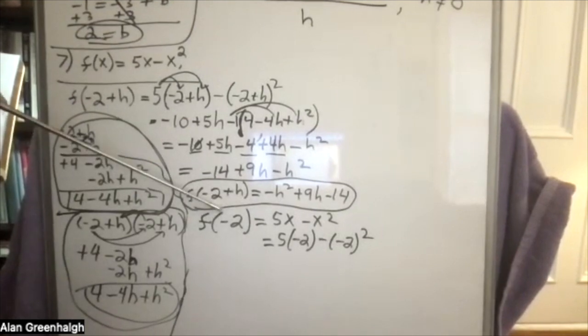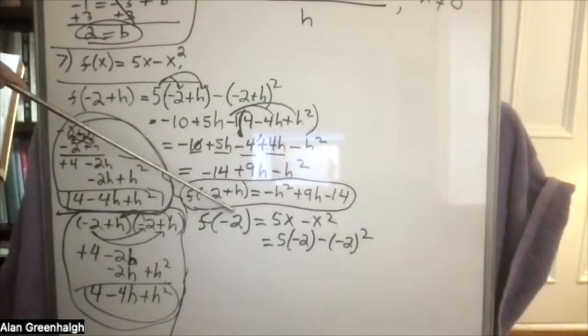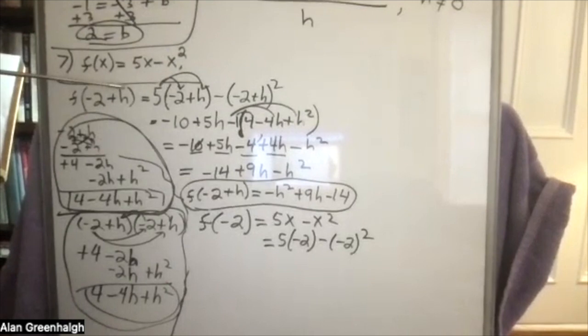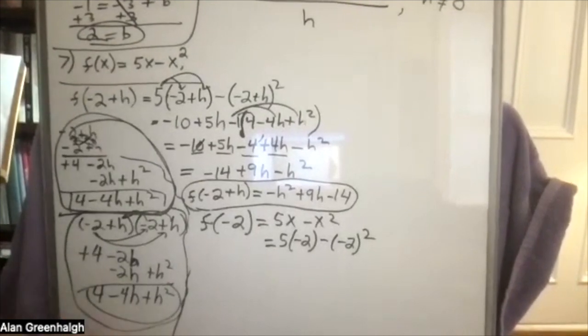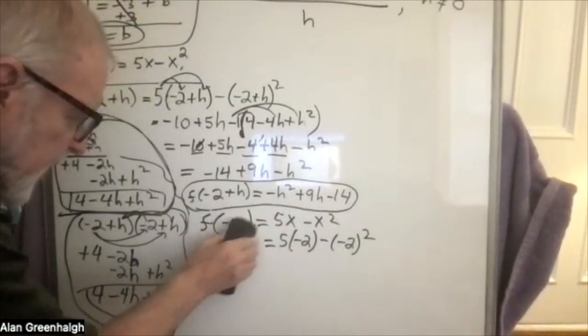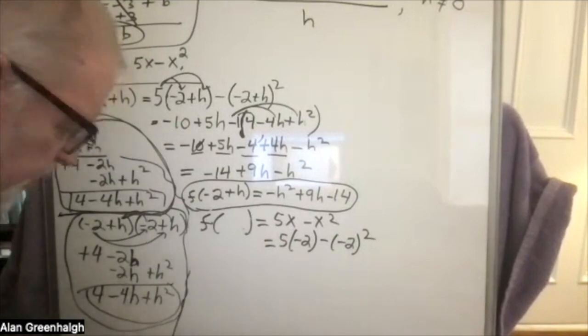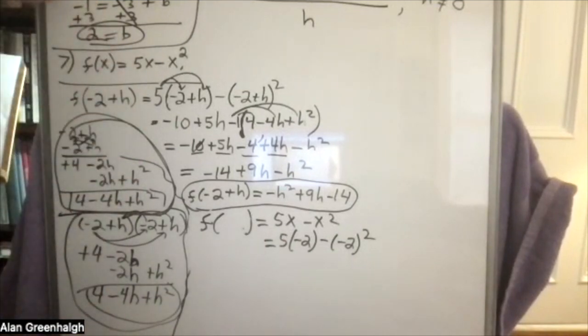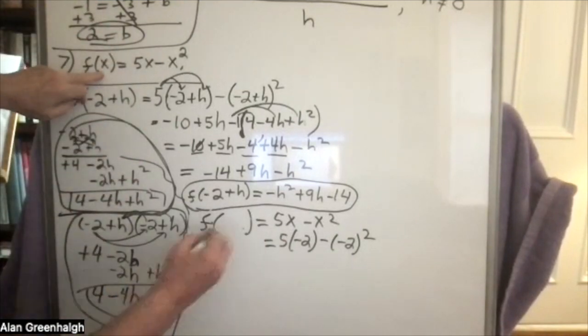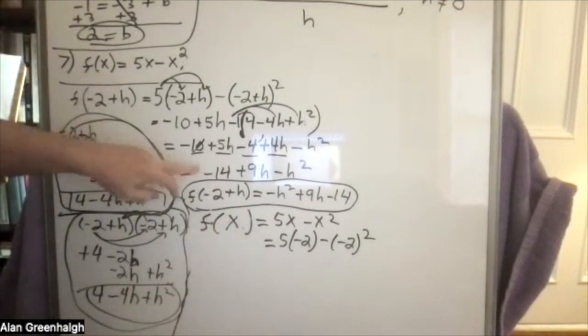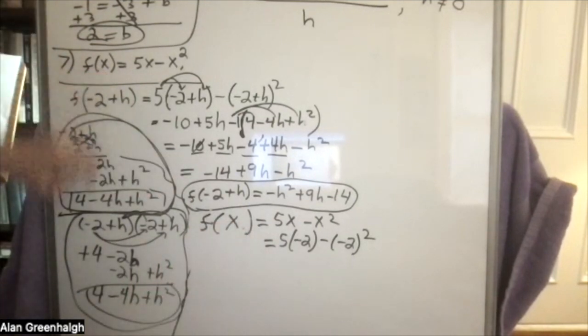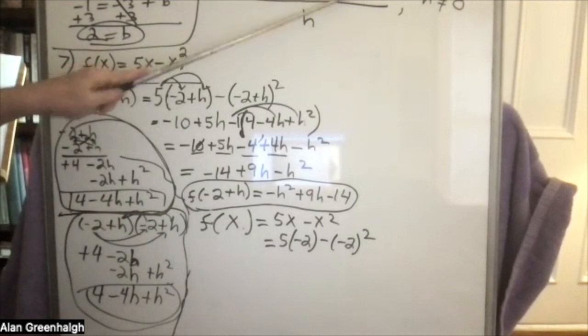When you see something like this, it means in place of the x. This is the original, f of x equals that, but we don't want f of x. We want f of -2.